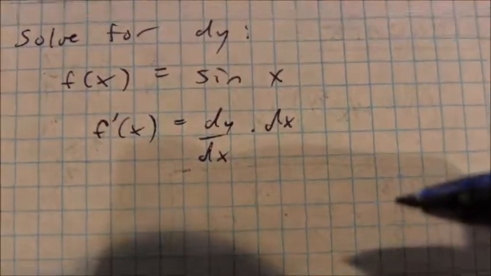Other things I could be asked: I could be asked to solve for dy. Remember that we can say that f prime of x is equal to dy over dx. I can multiply both sides by dx, and I find out that dy is equal to f prime of x times dx.